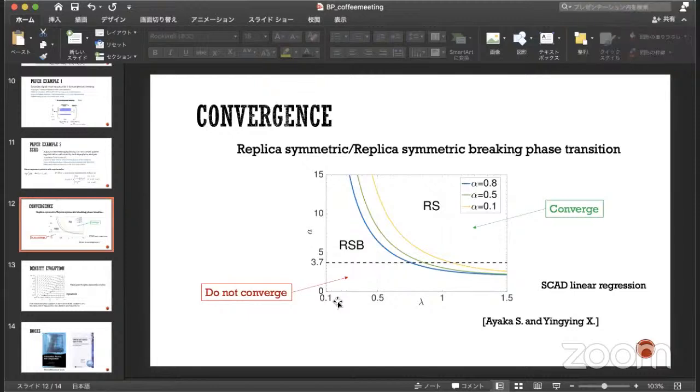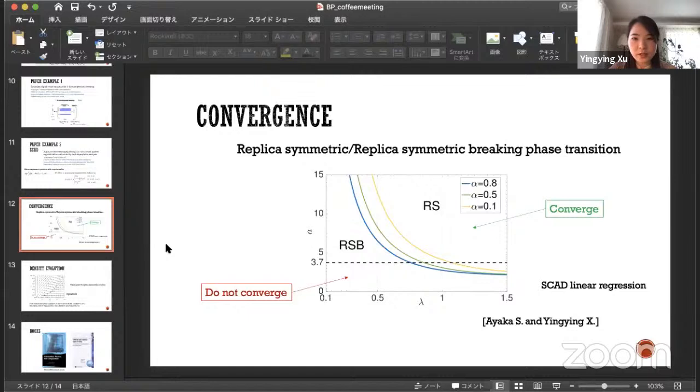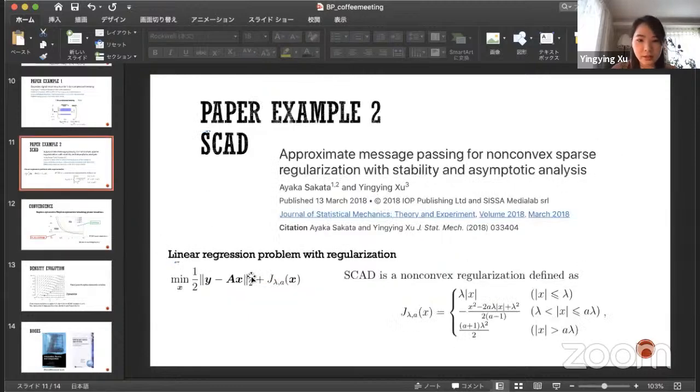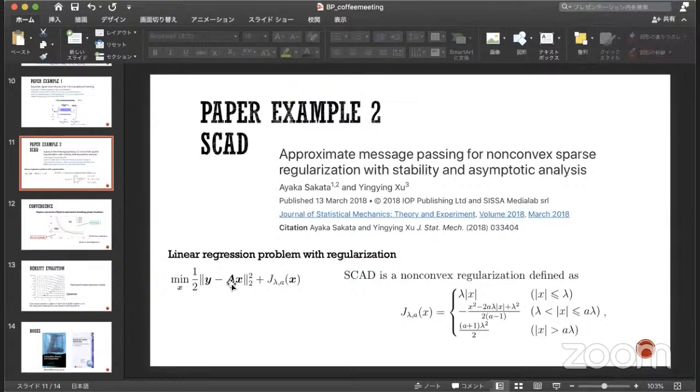Then we want to infer the hidden signal vector X. We measure it, receive the signal Y, and then the inference problem is done by minimizing this cost function. The regularization term is a non-convex regularization, and the matrix A here is an ideal Gaussian i.i.d. matrix. If we put a very noisy real data matrix here, then it's a problem.